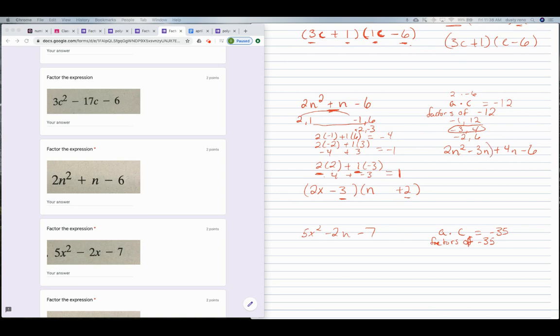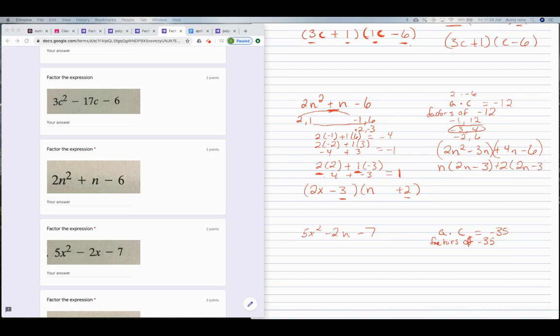Okay, once again, then you do grouping. Take out the greatest common factor. So in this first one, it'd just be n, leaving you with 2n minus 3. And then the greatest common factor over here is going to be 2. So that's going to leave us with 4n divided by 2 would just be 2n.